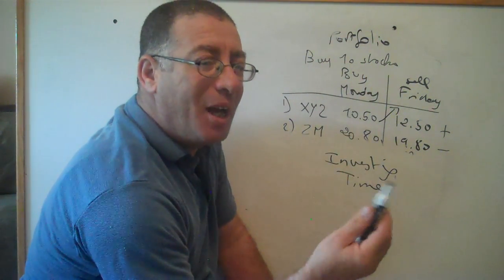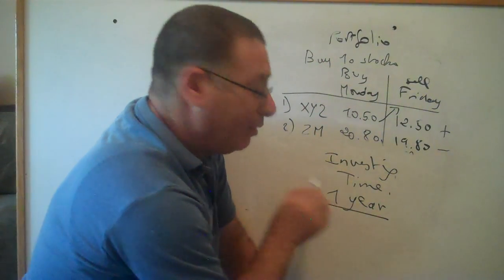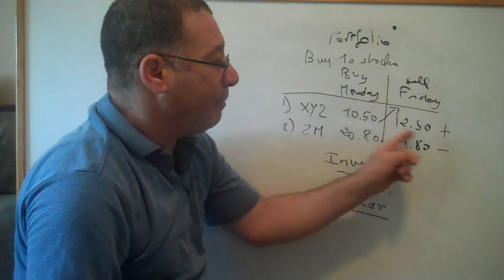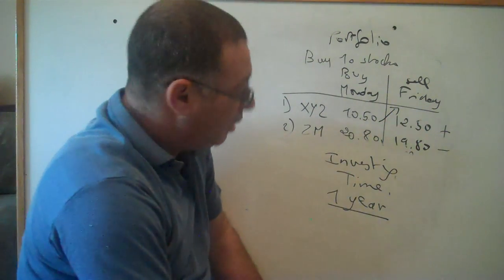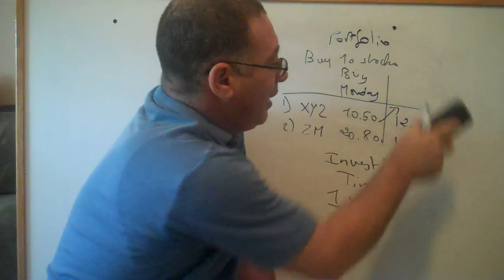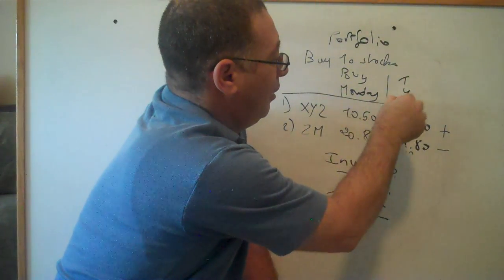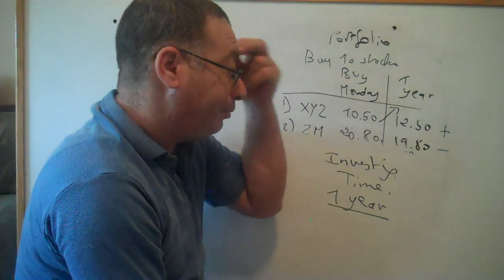So most of the time you need at least 1 year. Okay, this is investing. Now you do the same. But instead of selling in 1 week, you sell here in 1 year. Okay? This is investing. You sell in 1 year.